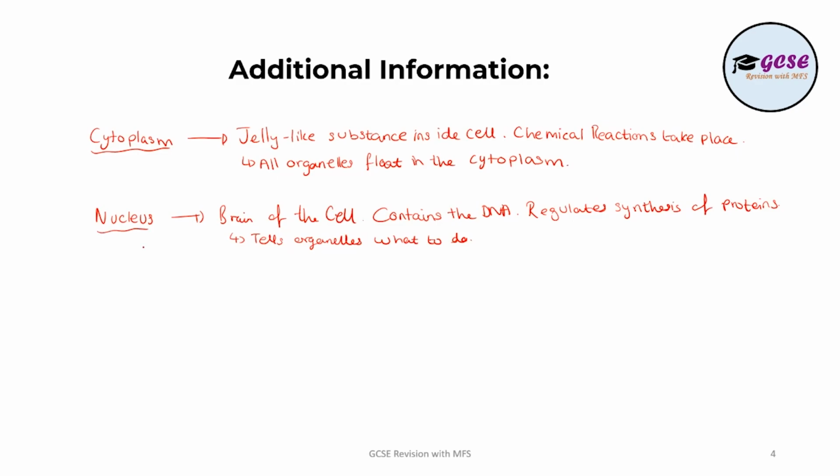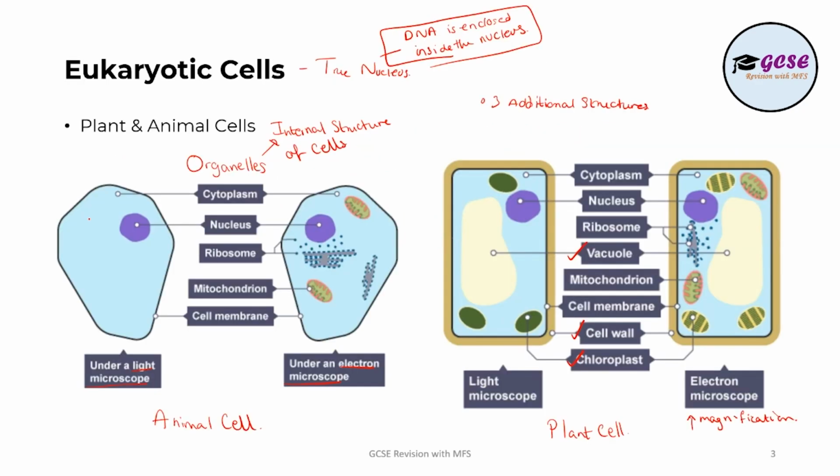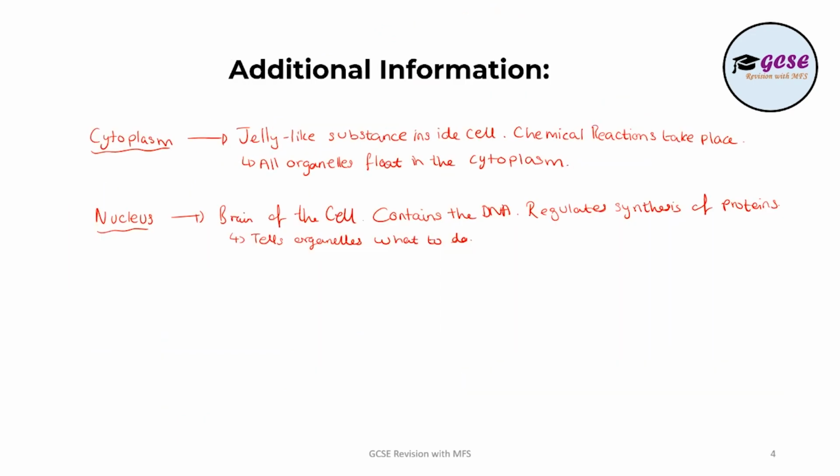So we've got the nucleus there. We also have ribosomes. Ribosomes are really small structures. You can only see ribosomes under an electron microscope. And ribosomes are responsible for protein synthesis, making proteins in the cell.